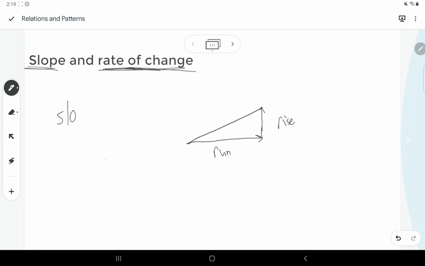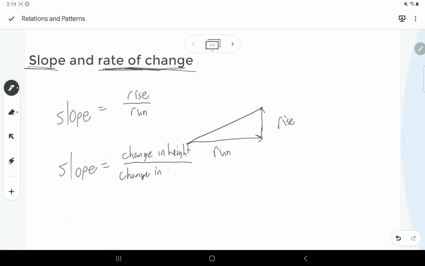We get slope equals the rise over the run. Okay? And it's just a simplified way of saying the slope equals the change in height over the change in horizontal position.